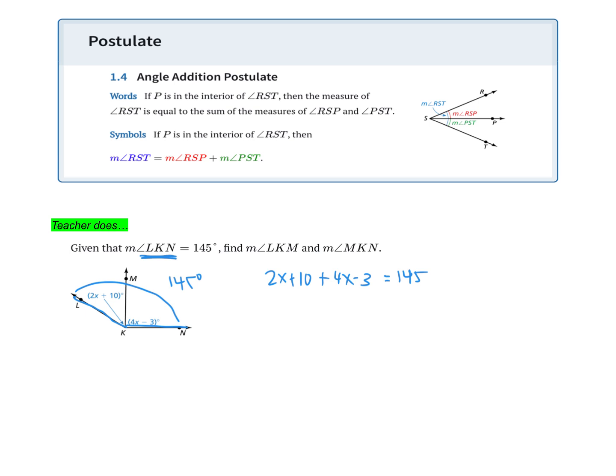And that's what I'm solving then. So like terms, 4x and 2x, I have 6x. 10 and negative 3 is 7. If I subtract 7, I get 6x is equal to 138.